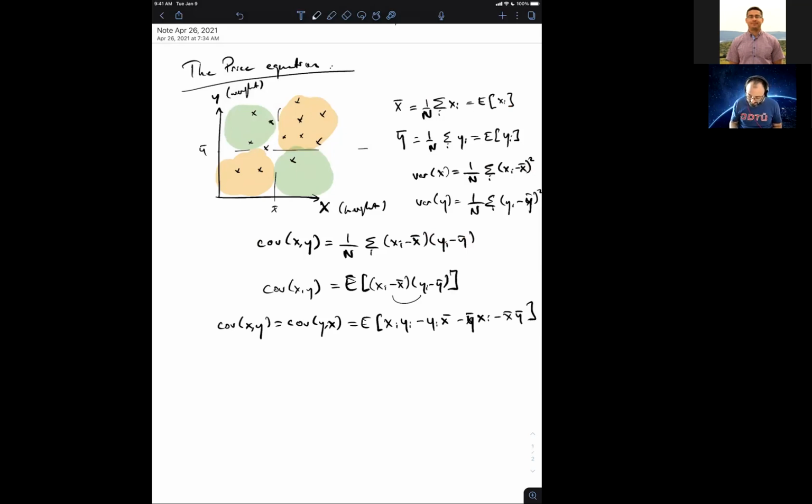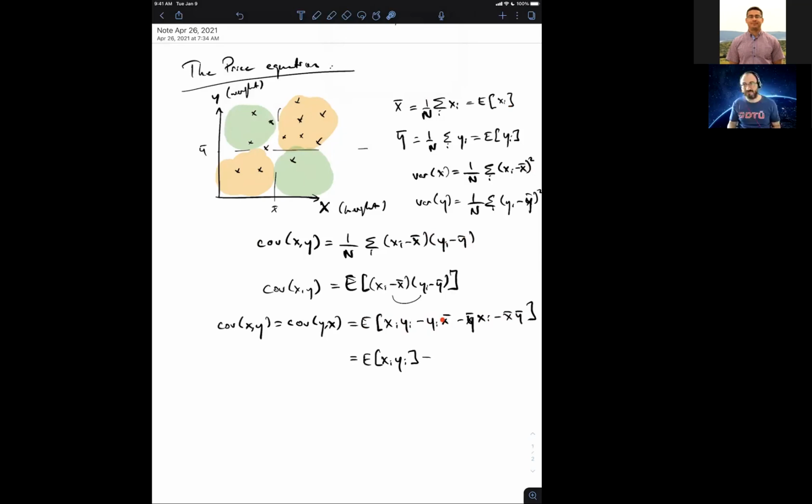And of course, taking the average of a sum is the same as summing the averages of each of the elements of the sum, okay? So then you can basically distribute this average operator over each of the elements of the sum, which means that you get the expectation of the product here, and then minus the expectation of yi times x bar.